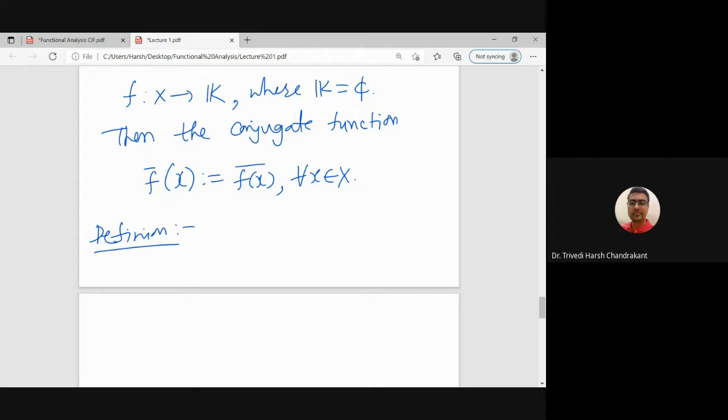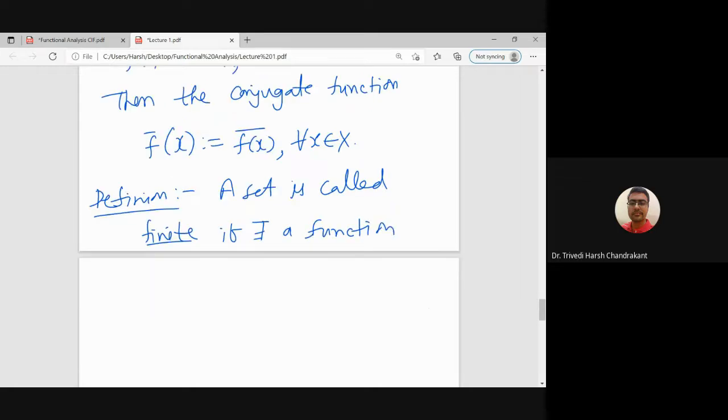A set is called finite if there exists a function f from X to the set 1 up to n which is bijective.